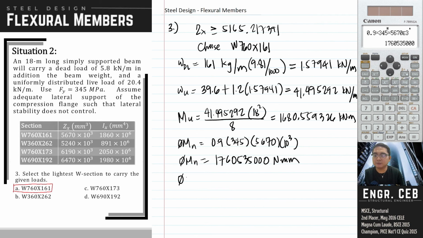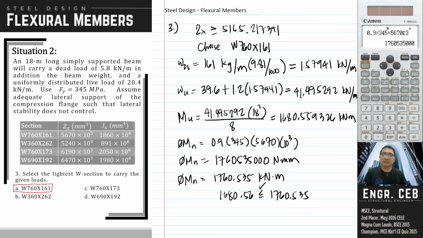So we convert this to kilonewton meter, that is 1,760.535. As you can see, the demand is 1,680 and the capacity is 1,760. So we can now say that the chosen section is safe with the applied loads because the demand is less than the capacity.